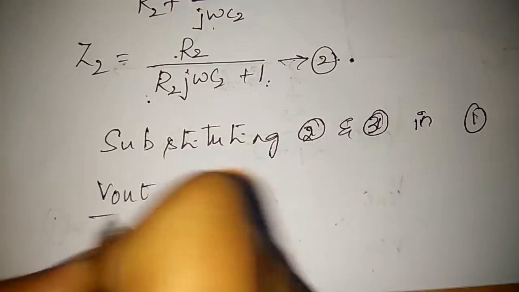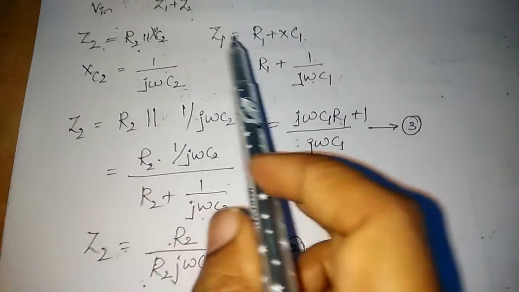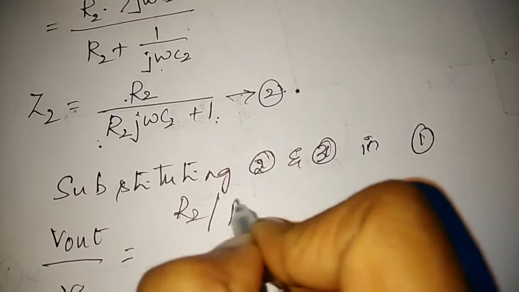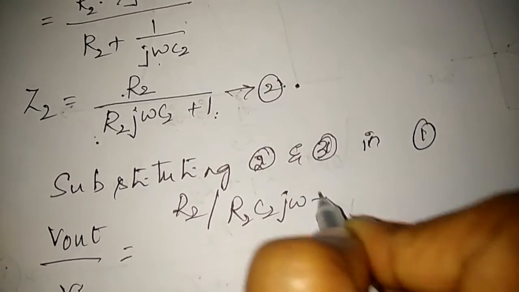Okay, so you have V out divided by V in, which is equal to Z2 divided by Z1 plus Z2. What you have for Z2? It is R2 divided by R2 C2 j omega plus 1.